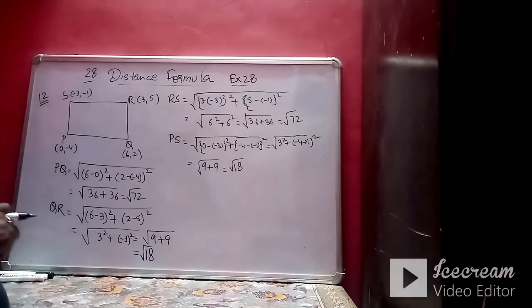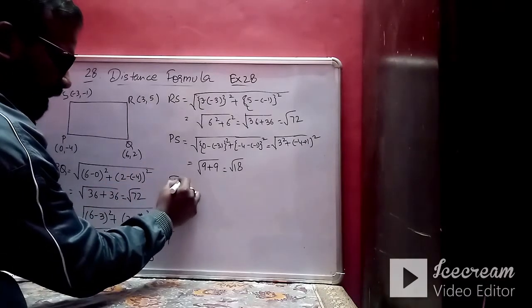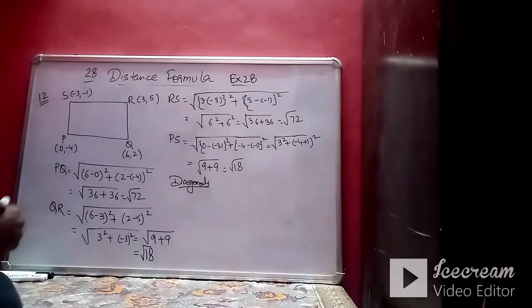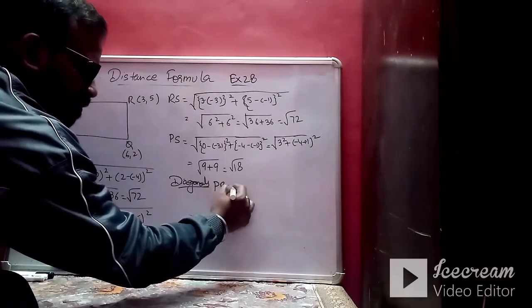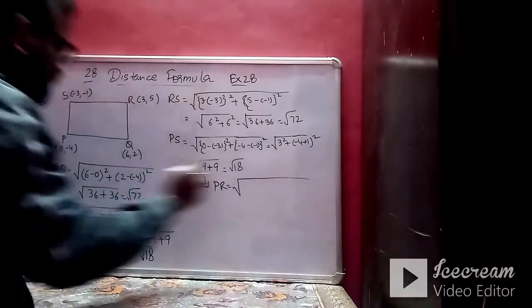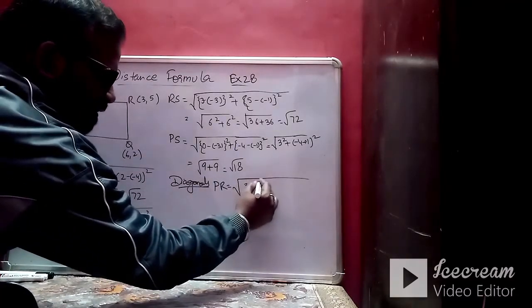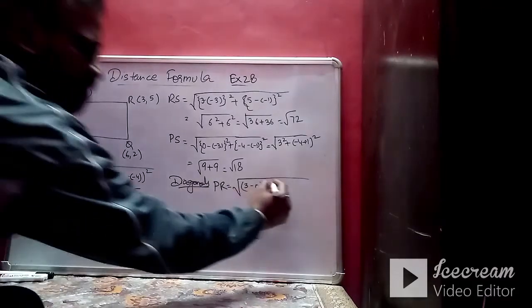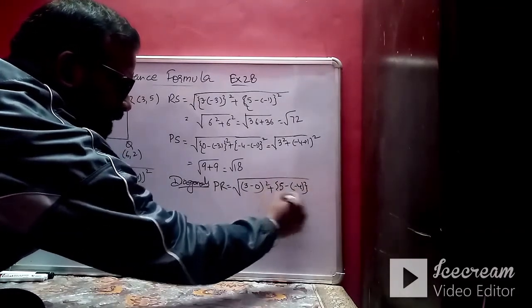Now what we have to calculate? The diagonals. So for the diagonals, first we will calculate the first diagonal, that is PR. So PR is, this is P, this is R, (3 minus 0) square plus (5 minus -4) square.